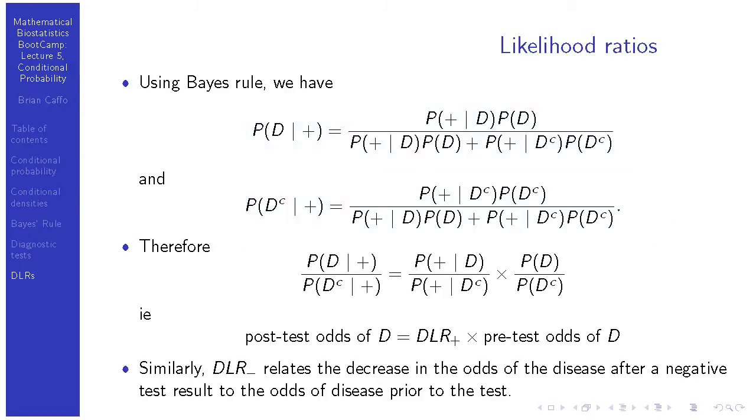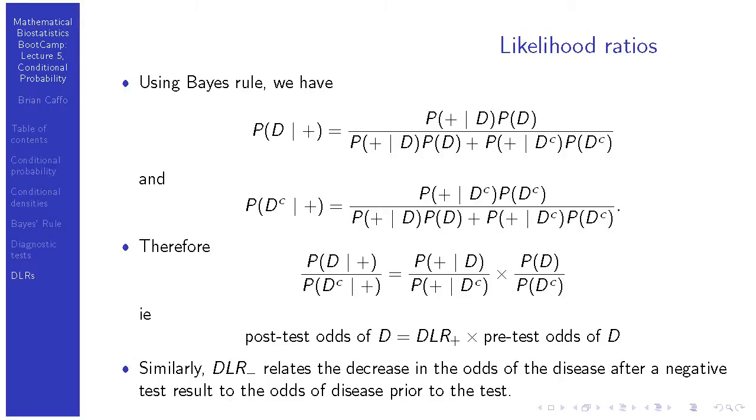The probability of disease given a positive test result divided by the probability of not having disease given a positive test result is equal to the diagnostic likelihood ratio times the probability of disease divided by the probability of disease complement. So just to simplify this formula a little bit, we need to talk about odds.